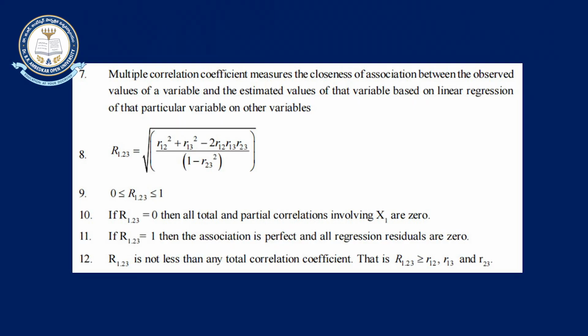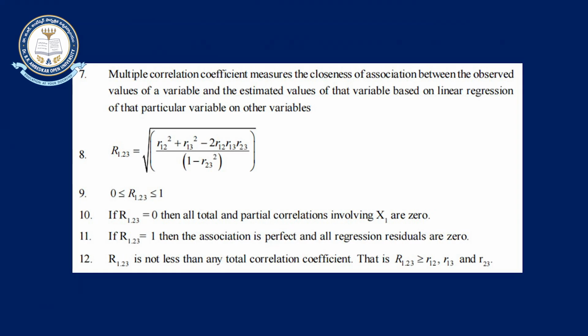Multiple correlation coefficient measures the closeness of association between the observed value of the variable and the estimated values of the variable based on the linear regression of that variable on the other variables. So R1.23 equal to root over R12 square plus R13 square minus 2 times R12 into R13 into R23 divided by 1 minus R23 whole square.